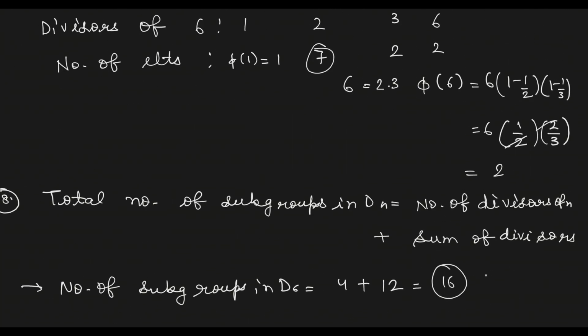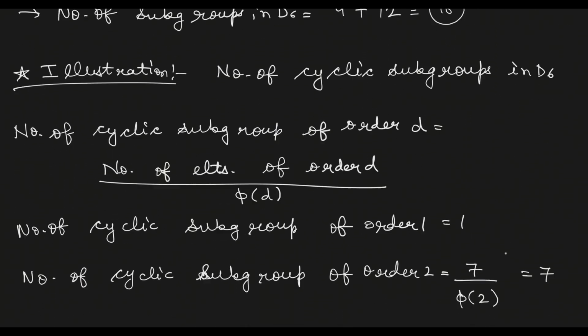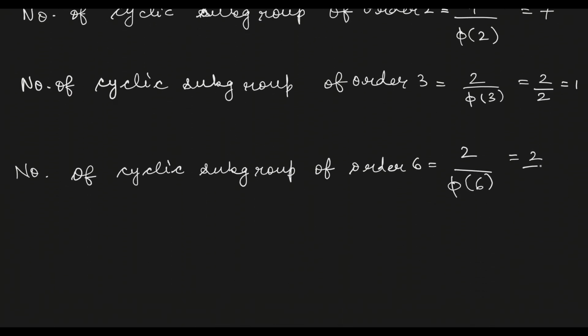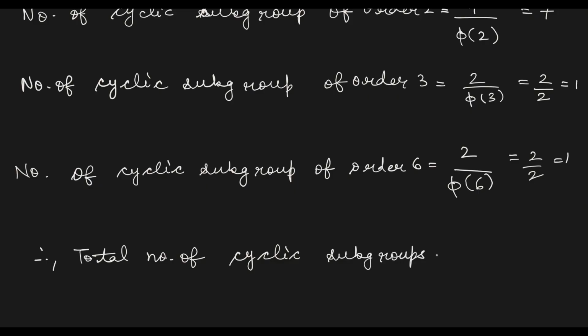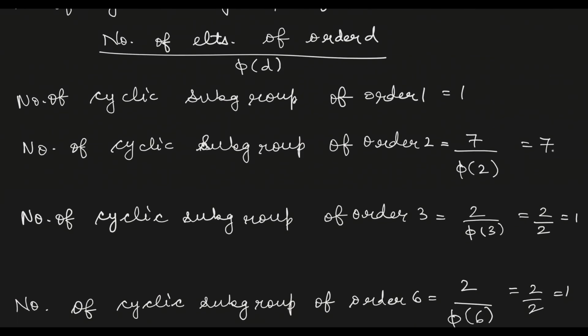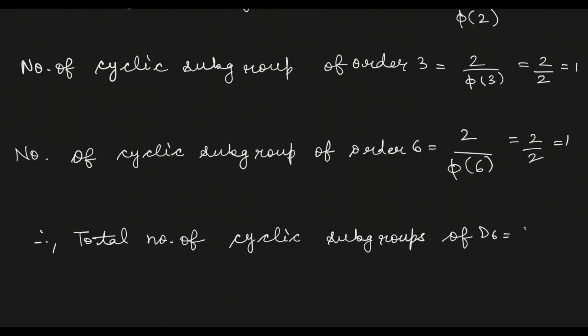Phi 6 was also 2, so 2 by 2, 1. Therefore, total number of cyclic subgroups of D6 is 1 plus 7, 8, plus 1, 9, plus 1, 10.